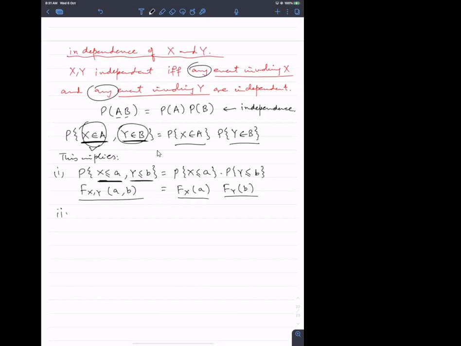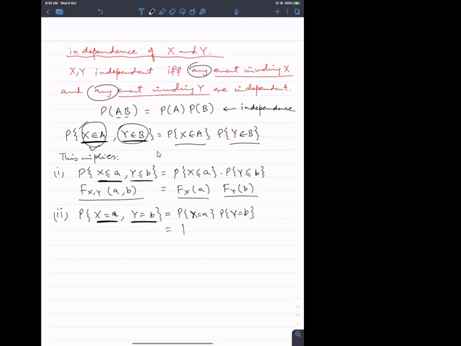Let us also see one more thing for the PMF: probability X taking a value a and Y taking a value b, not less than equal to. Again, these are two events. One is an event involving X, another is an event involving Y. If X and Y are independent, then this should be equal to probability X taking a value a times probability Y taking a value b.